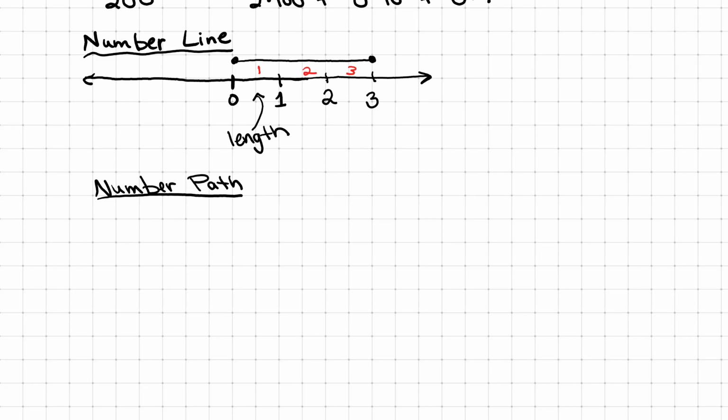A good example of a number path is playing a board game, and you're moving your pieces along a path with numbers on them. And I think the reason that, for me, number paths work better with younger children is because on a number path, you're counting steps along the path. 1 step, 2 steps, 3 steps, 4 steps, 5 steps, or places along the path. And children are used to that.